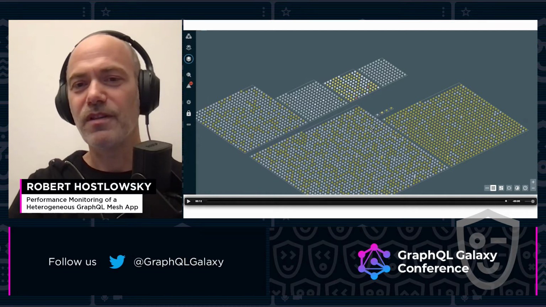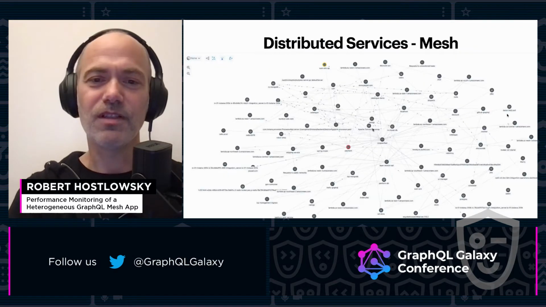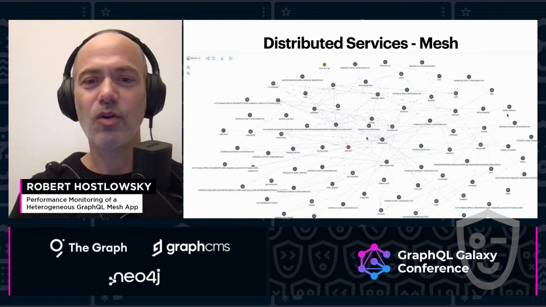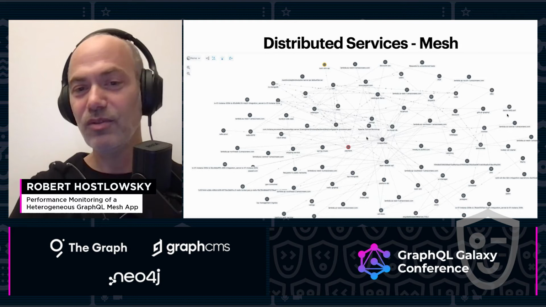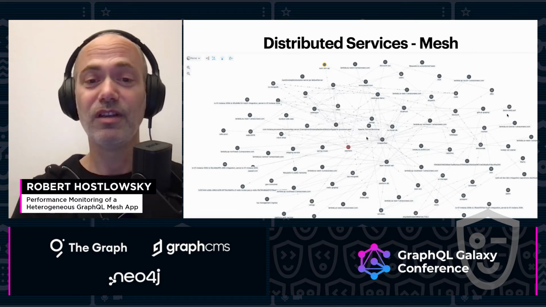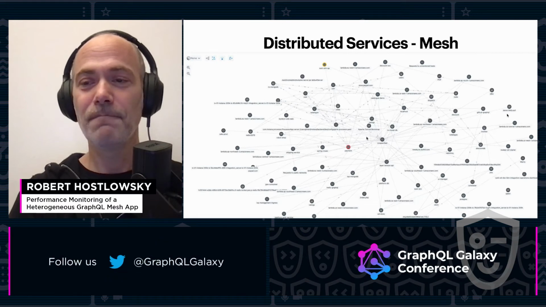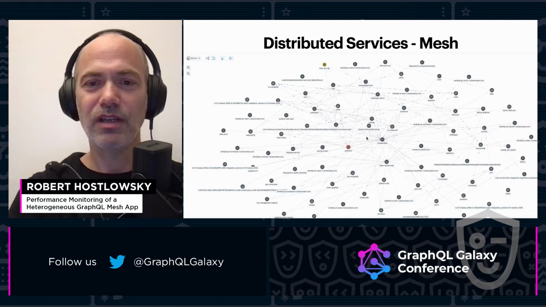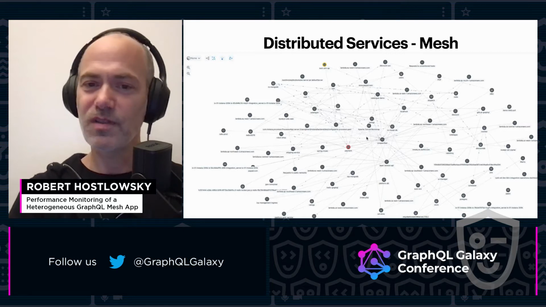But what is then happening on the service level? Here, this is typically what a service mesh looks like when you have a representation of the traffic and communication. Here too, there are many communications running, and this is typically not well visible if you don't have such a tool.